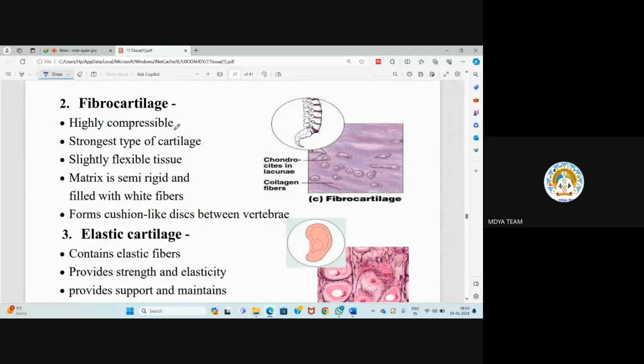They are the strongest type of cartilage because of fiber. Slightly flexible tissue. Matrix means the material of which this is made. So matrix is semi-rigid and filled with white fibers, forming cushion-like discs between vertebrae.